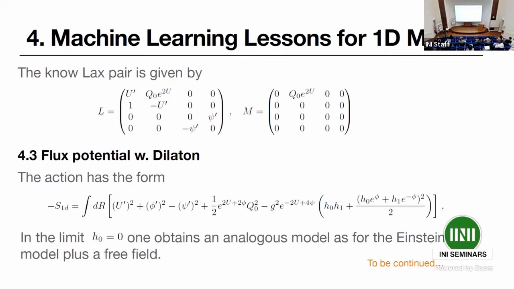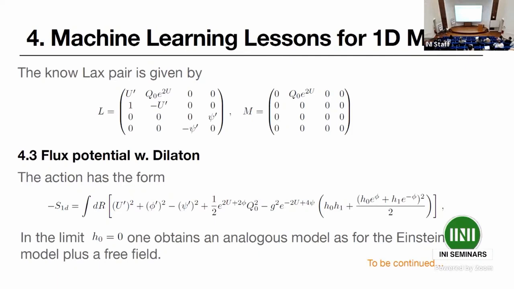You see that in the limit H0 equal to 0 in this picture, you recover some form of the analogous story. So it's like nesting kinds of models. Because if you sort out things over here and you find the Lax pairs, then you would be able to tell something about more complicated models as well.